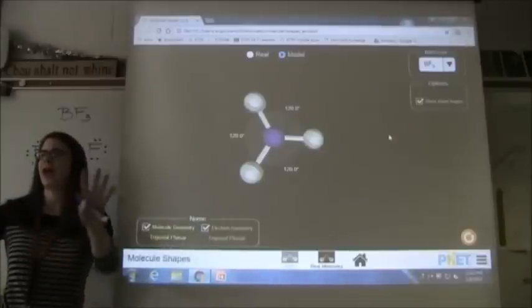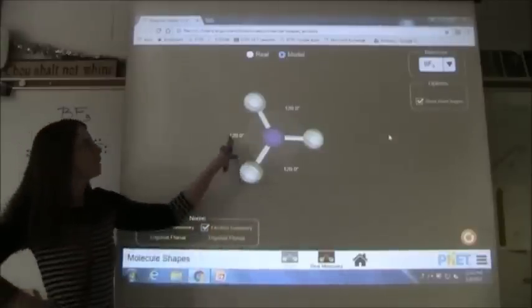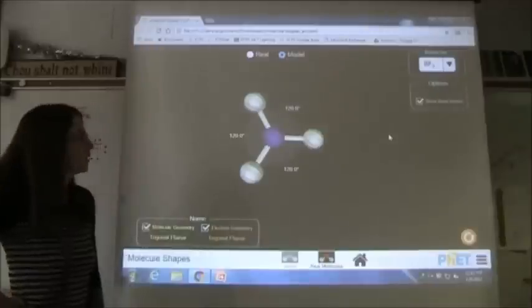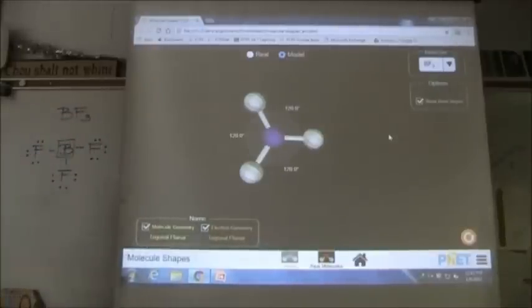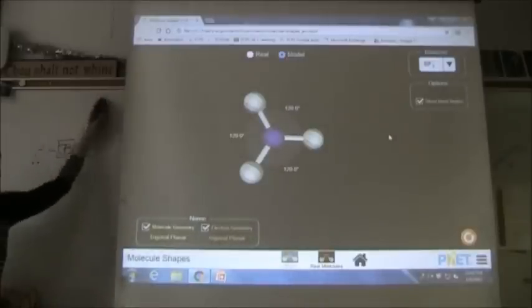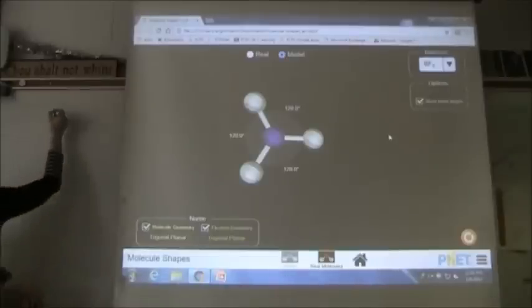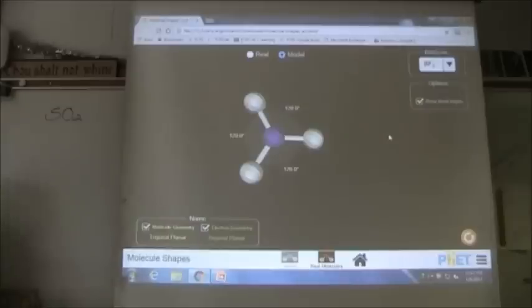Nonpolar, assuming that what? Yeah, all of our terminal elements are the same. Okay. Yep, trigonal planar is a shape that cancels out polarity of the bonds. All right. Moving along. Here's our next example.